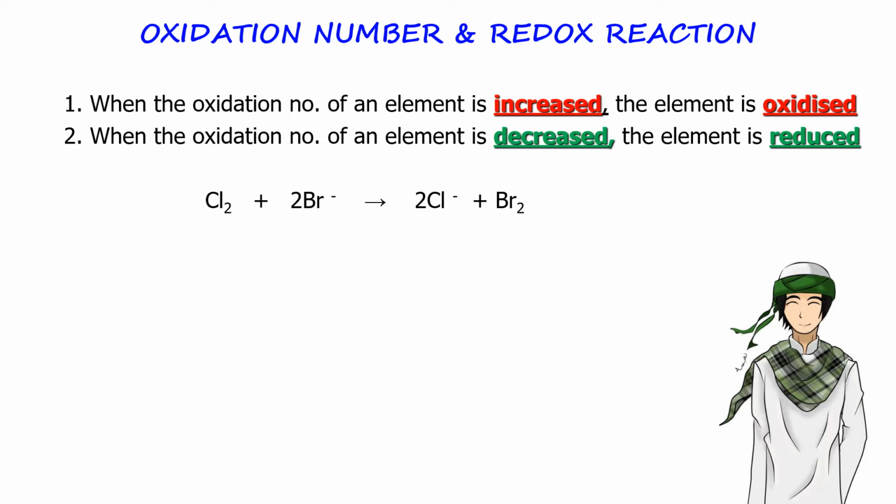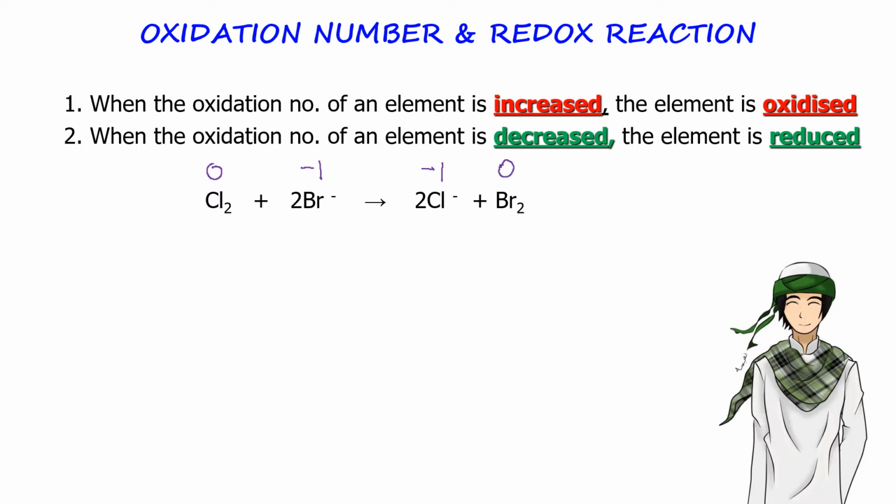For chlorine, since you can see that this chlorine has no charge, it will have oxidation number 0. Meanwhile, for bromine you have -1 oxidation number. Then that chlorine turns into chloride ion, so it has -1. Meanwhile, bromine becomes 0.